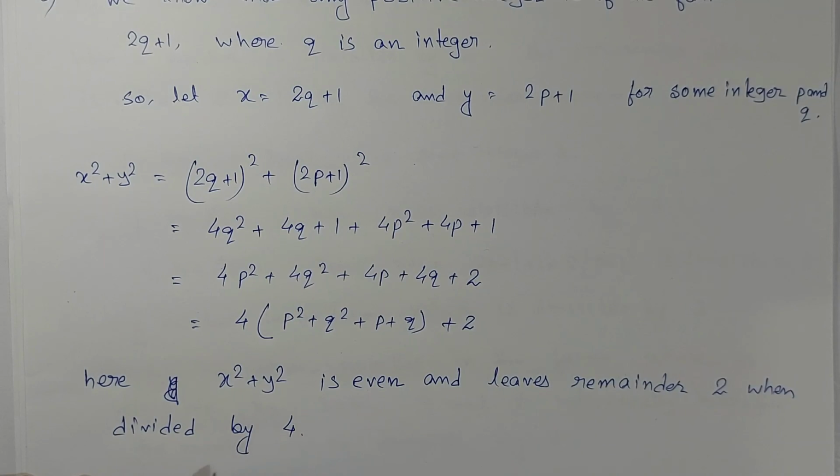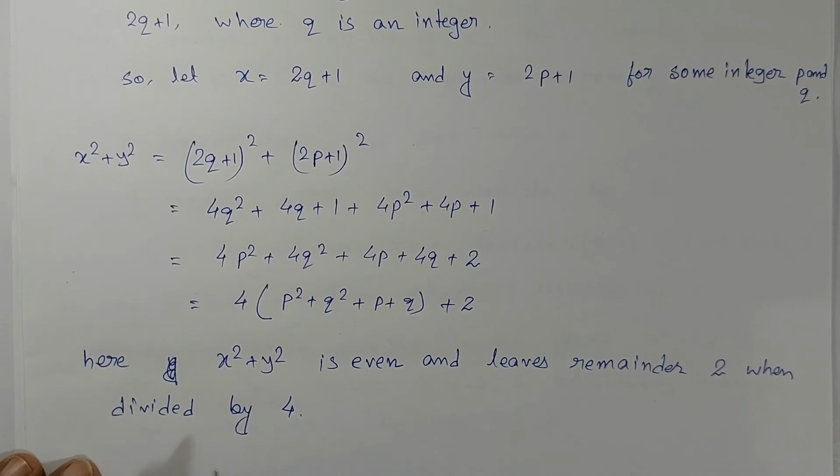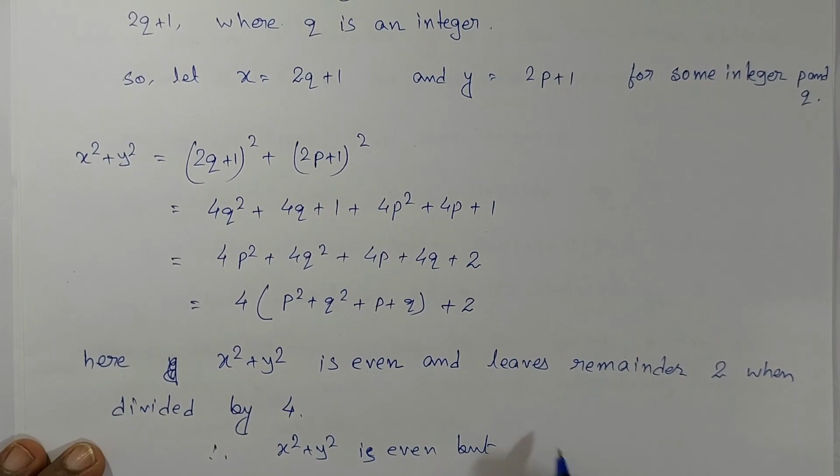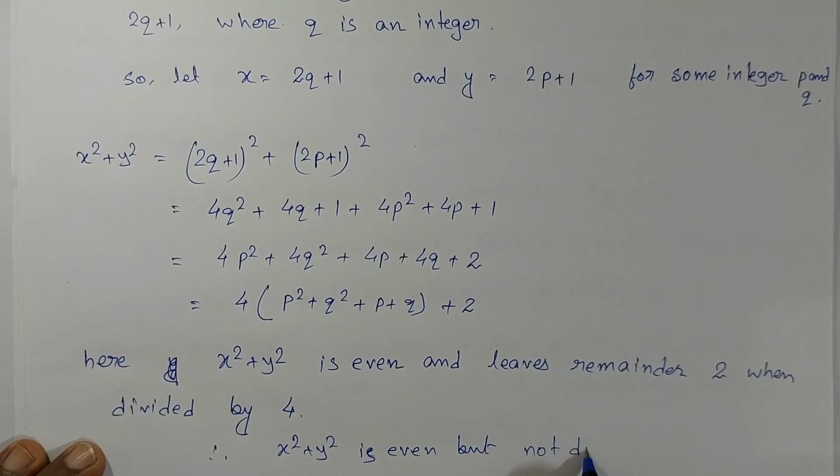Okay, so therefore we can write that x square plus y square is even but not divisible by 4. Okay.